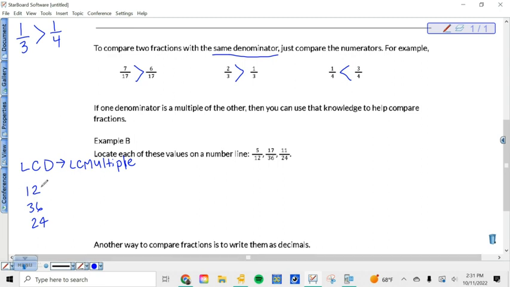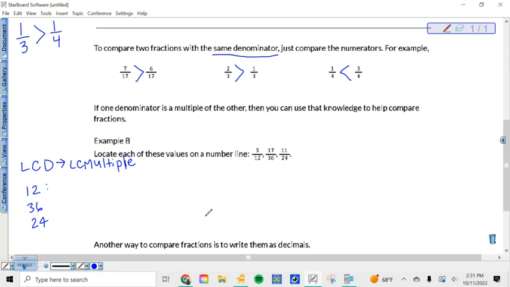What are the multiples of 12? So that's going to be factors. Multiples. What would be a multiple of 12? Those are factors, numbers that make up 12.